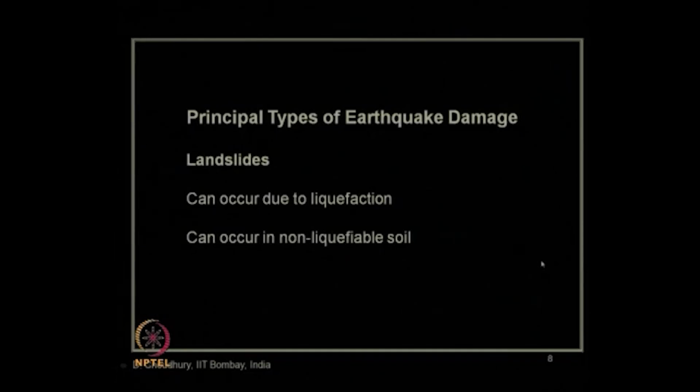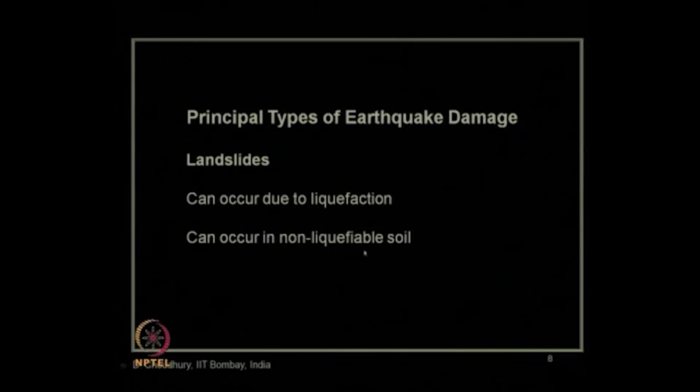Then in the previous lecture, we also discussed the principal types of earthquake damages due to landslides also, and we have mentioned that a landslide can occur due to liquefaction. Also, it can occur in non-liquefied soil, that is, it can even occur in rocky strata or rocky slopes also, where there is no chance of the material getting liquefied.